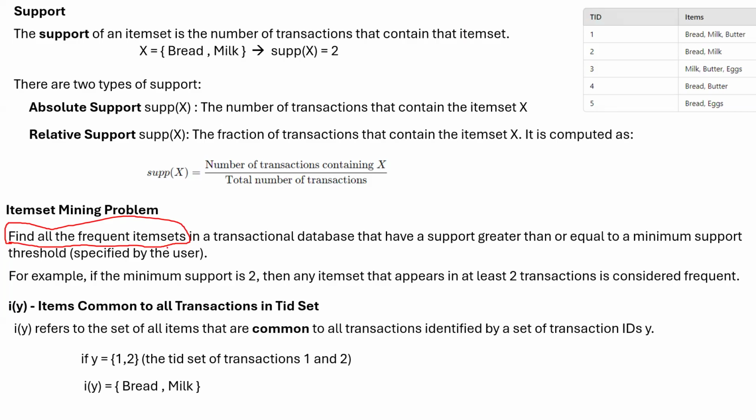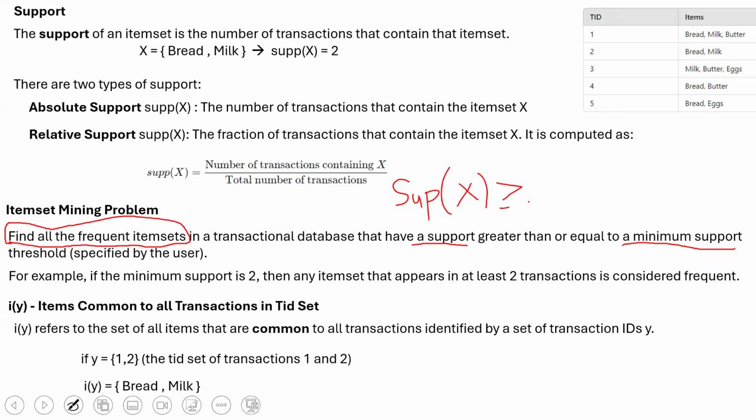What are those frequent itemsets whose support or frequency is greater than or equal to the minimum support that you have set? Minimum support is something that you will set.